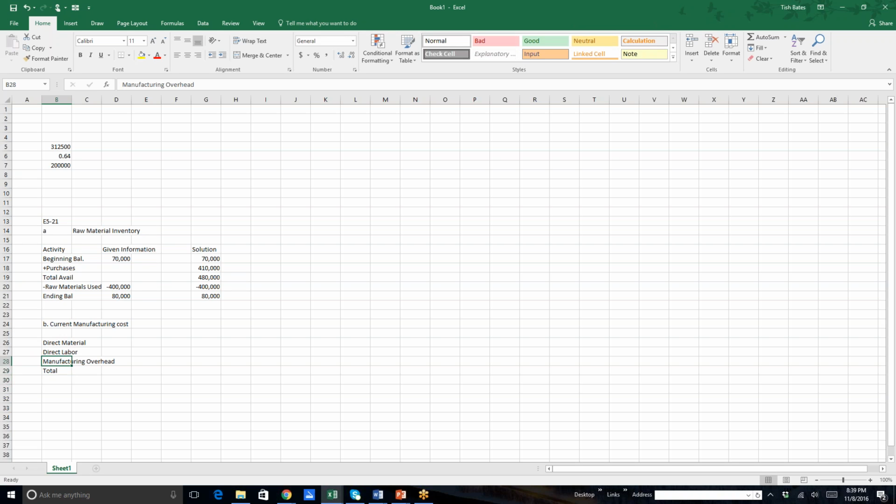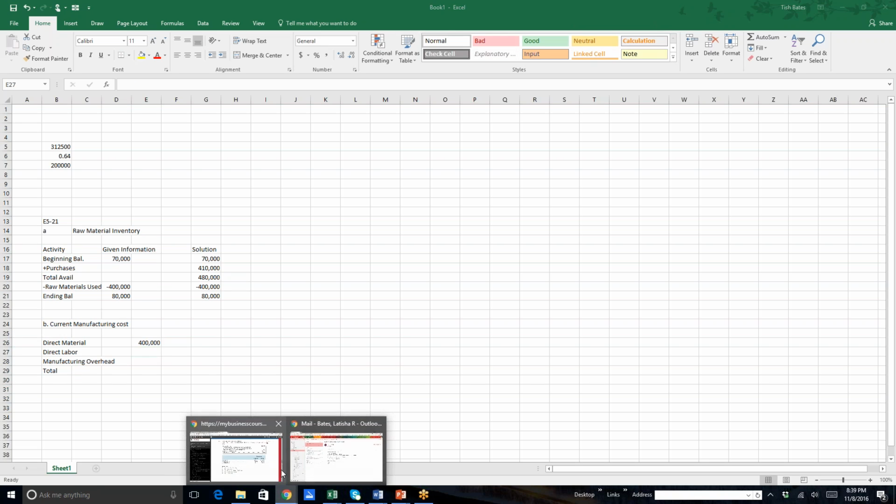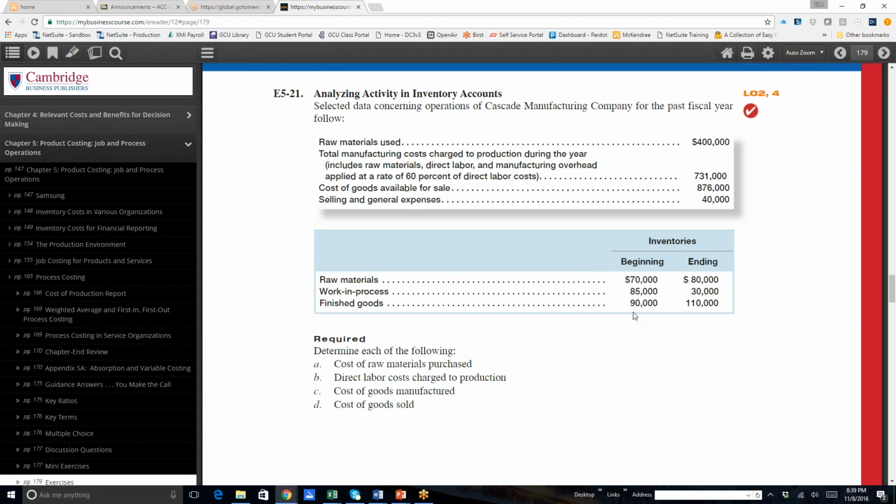Okay, so those are the three components that make up current manufacturing costs. Okay, so we know that direct materials are 400,000, right? Because it says so. Okay.